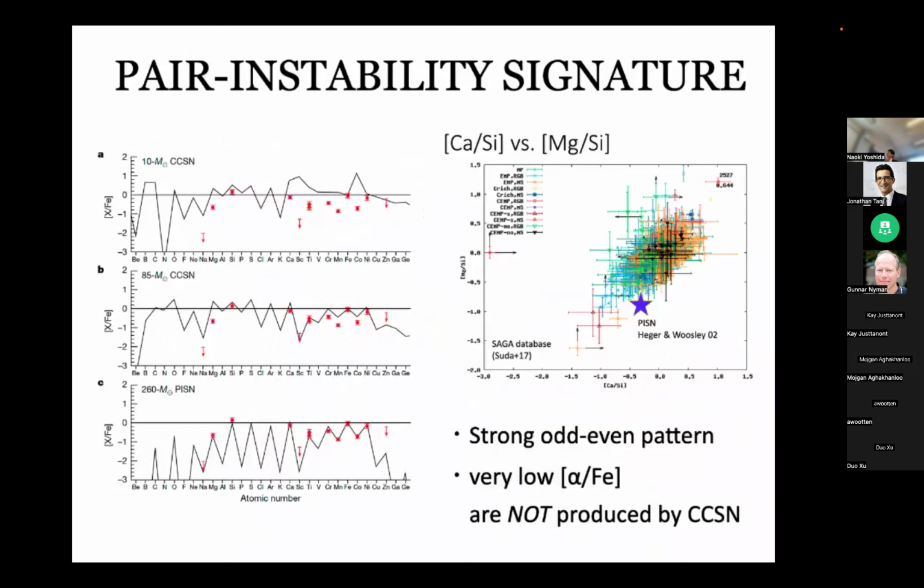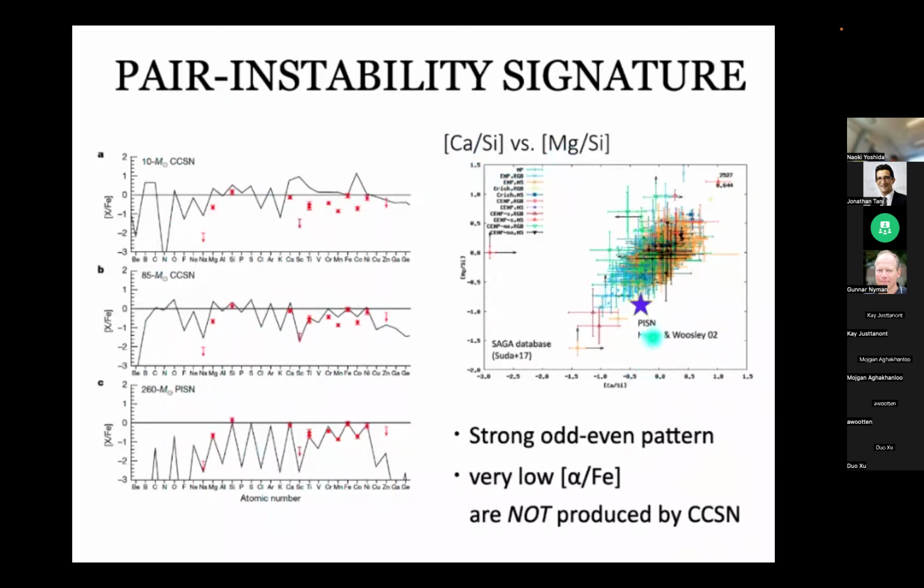If we plot the elemental abundance pattern of this star like this, it's very peculiar. These red points are the observed data, the elemental abundance pattern, compared with theoretical modeling. So this star has a peculiar abundance. It's obvious if we plot calcium over silicon or magnesium over silicon in this way.